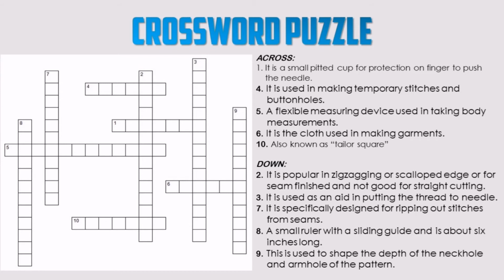Number 8, a small ruler with a sliding guide and is about 6 inches long. And last but not the least, 9 down. This is used to shape the depth of the neck hole and armhole of the pattern. Okay, very good.